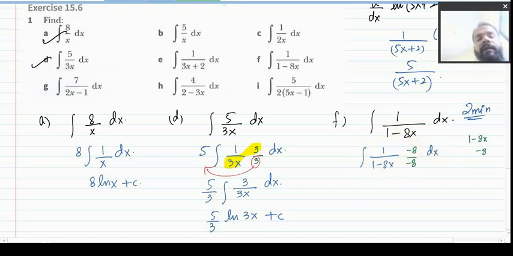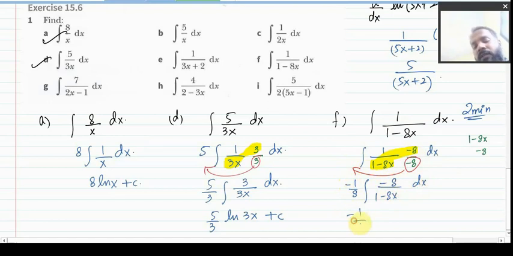The derivative of the function in the denominator is present in the numerator. That means the function is now ready to integrate. And the leftover minus 8, we are going to bring outside the sign of integration. So it's minus 1 upon 8 integral of minus 8 divided by 1 minus 8x dx. So after integration it is minus 1 upon 8 ln of 1 minus 8x plus c.